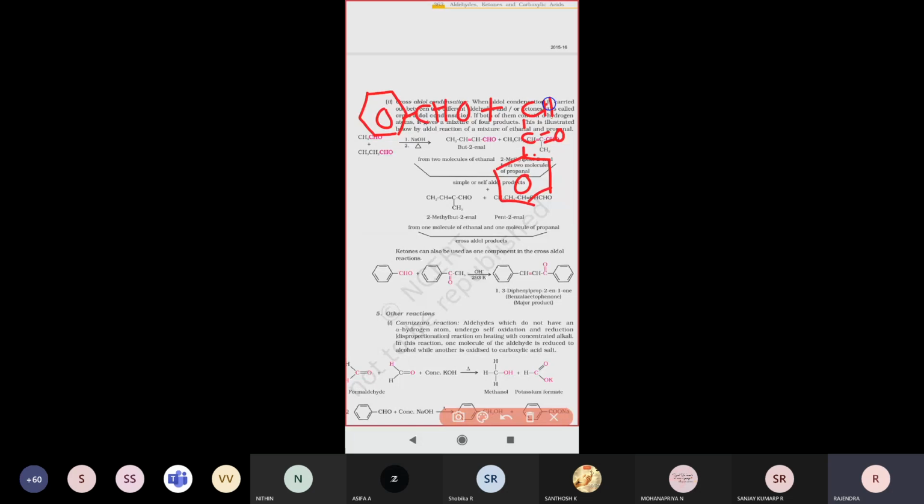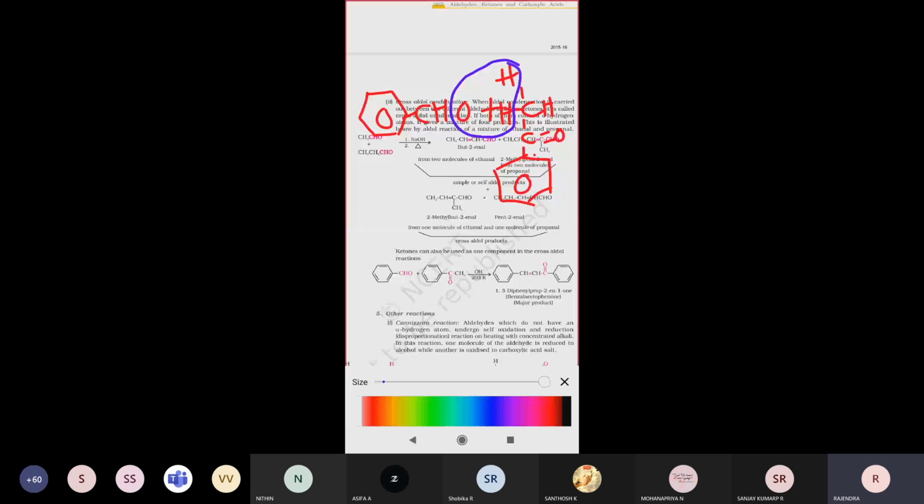Now what will happen? One water molecule will be eliminated. Two hydrogen atoms and one oxygen atom will be removed. So the product we write is benzene, CH; here the oxygen atom and two hydrogen atoms are lost, so one double bond will be formed.